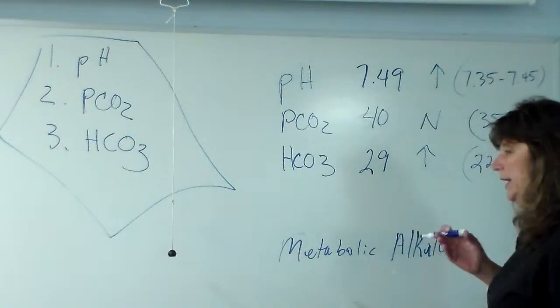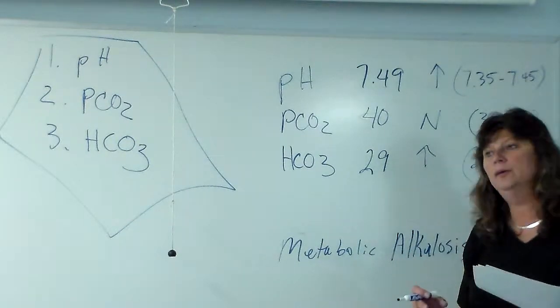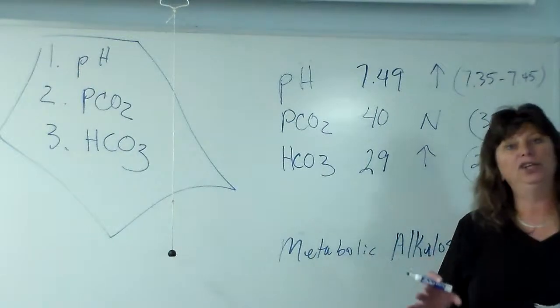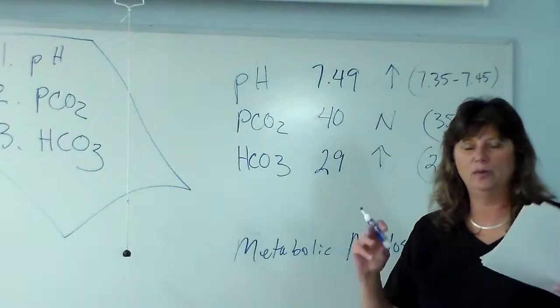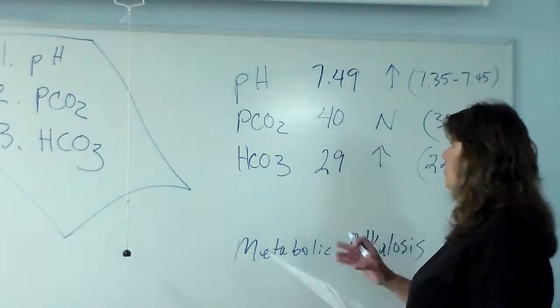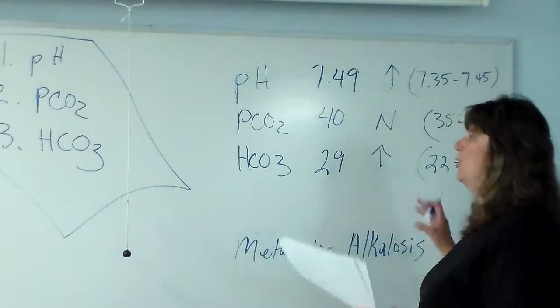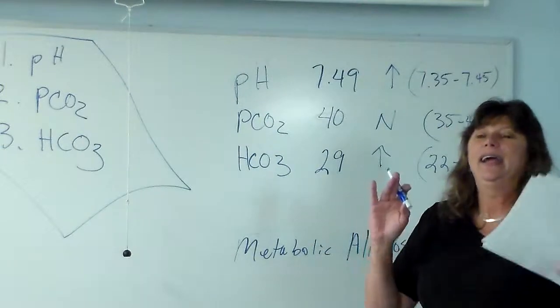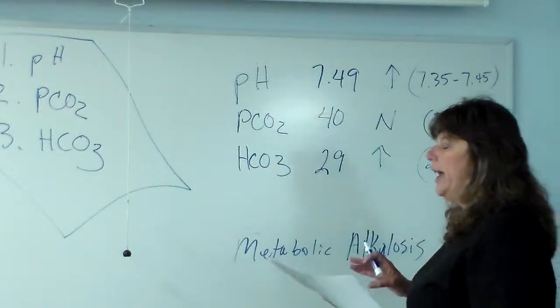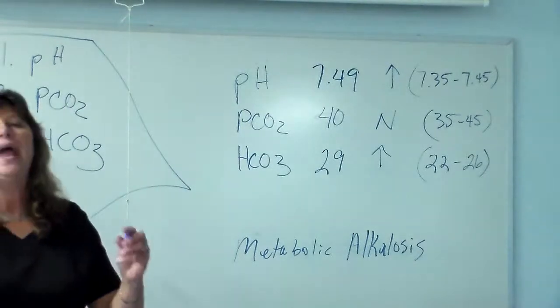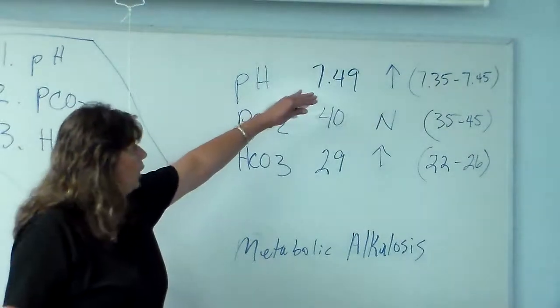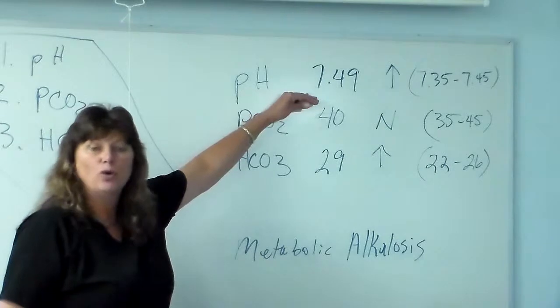Now, I do want to introduce at this point compensation. Okay? You're going, oh God, she's going to throw another wrench into my spokes here, and this whole cart's going to go off balance. Compensation is what happens. Compensation has to happen in order for this to come back to a normal value.